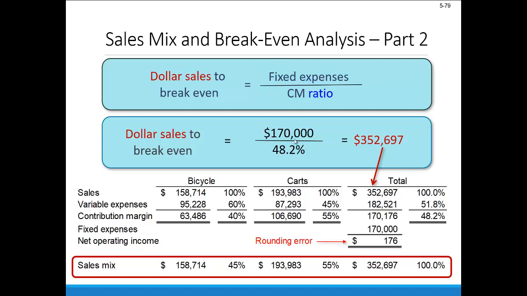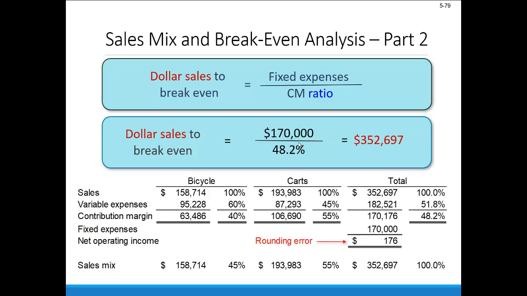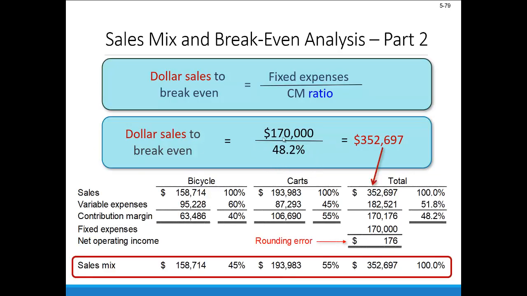So for RBC, that's 170,000 in total fixed expenses, just showing where that is here on the company-wide income statement, divided by that company-wide CM ratio of 48.2%. And there's my break-even sales of 352,697.